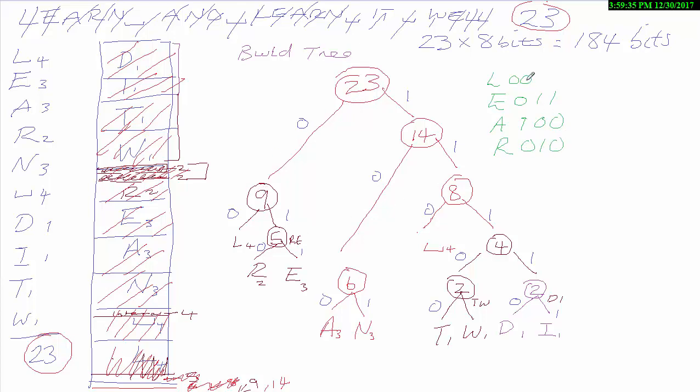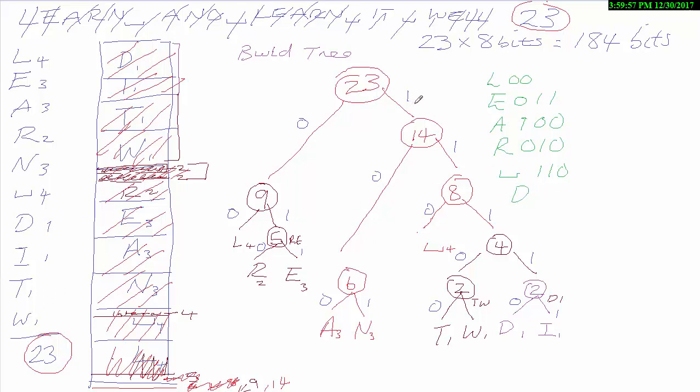Can you see that they have the lower frequency, the fewest number of bits? A space is 1, 1, 0, and nothing is a prefix of anything else so far, which is great.